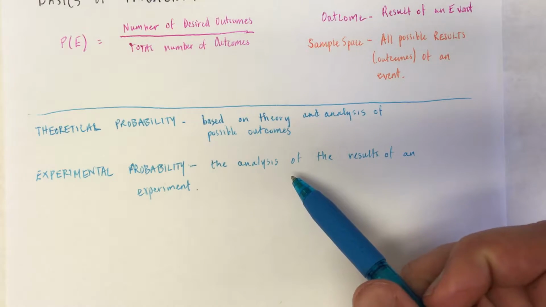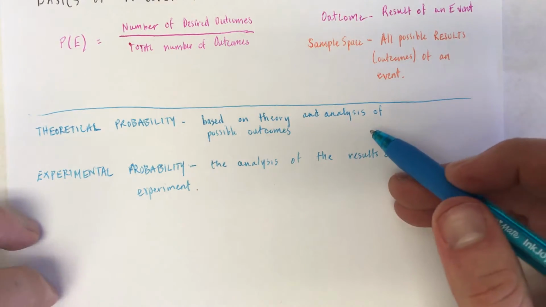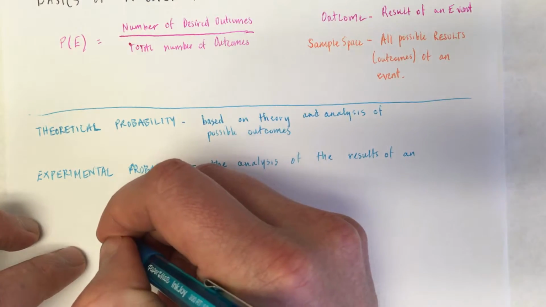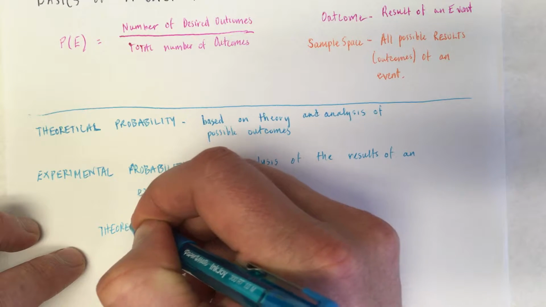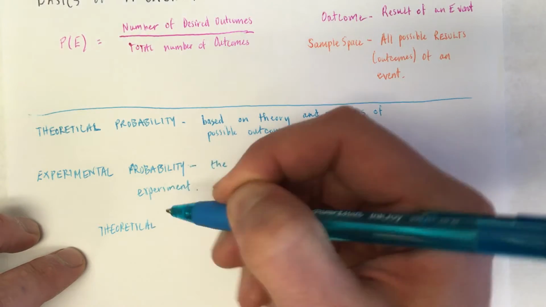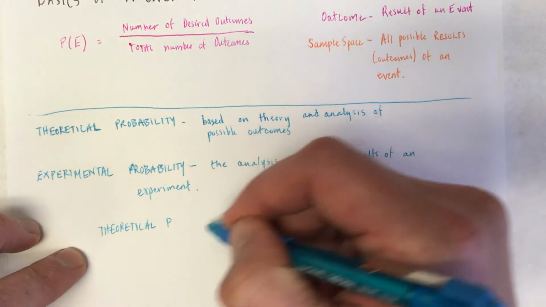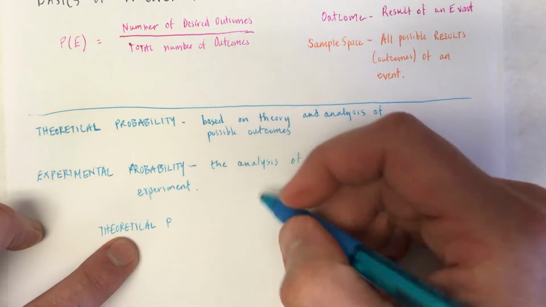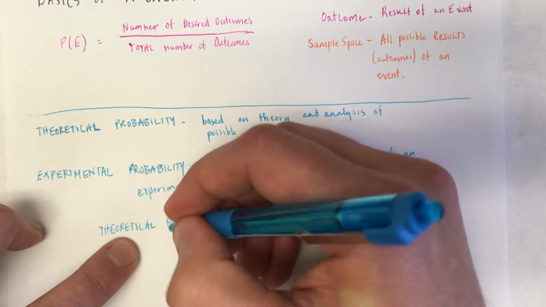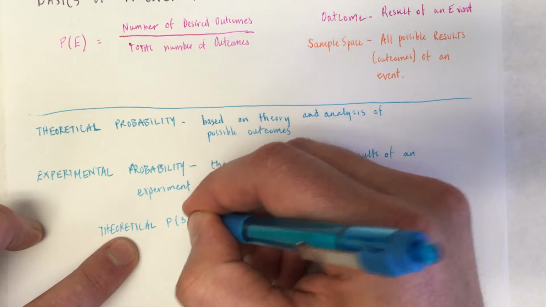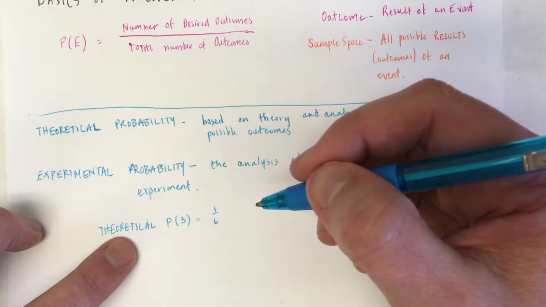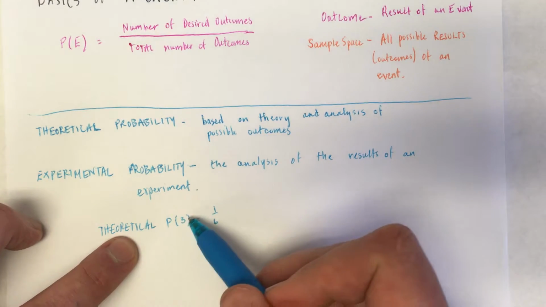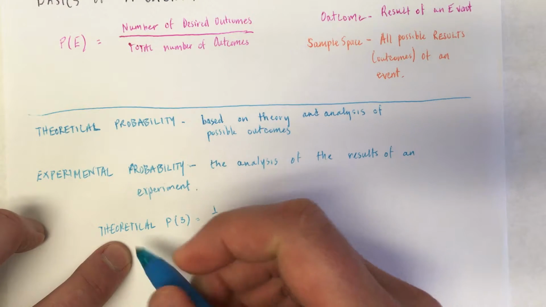As I was talking about before, theoretical probability is like, say, rolling a 3 on a die. That's 1 out of 6, because there's one 3 out of the 6 numbers.